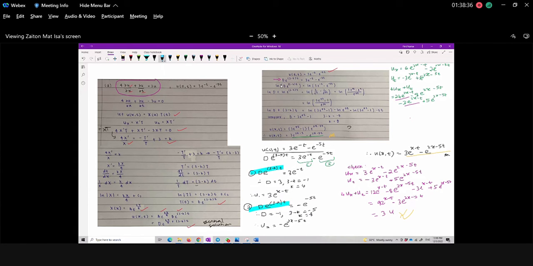But for this one, we checked earlier and we cannot show that 4ux plus ut equals 3u. So now all of us can learn how to deal with a problem where you have two terms in the given condition.